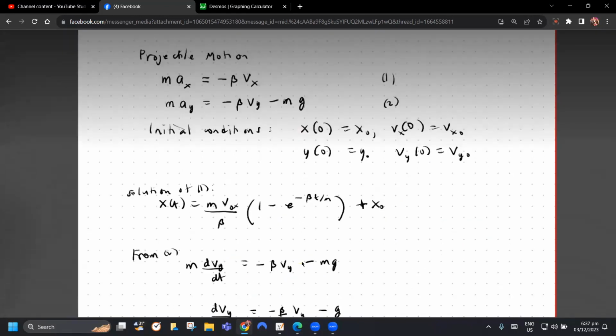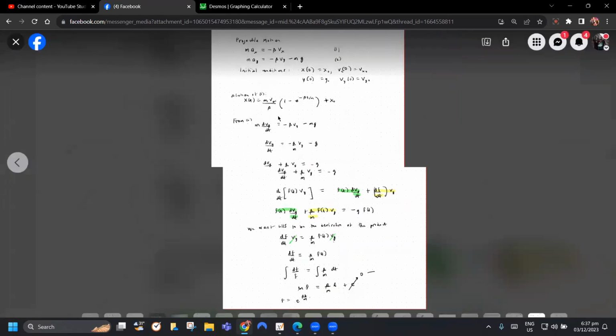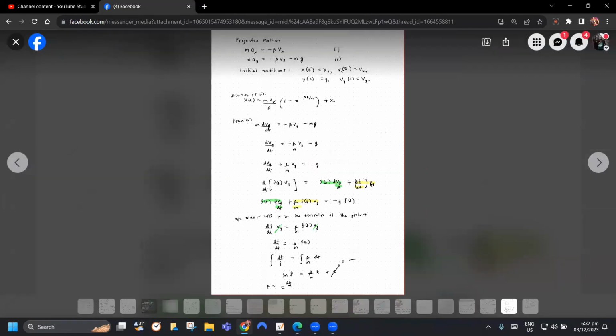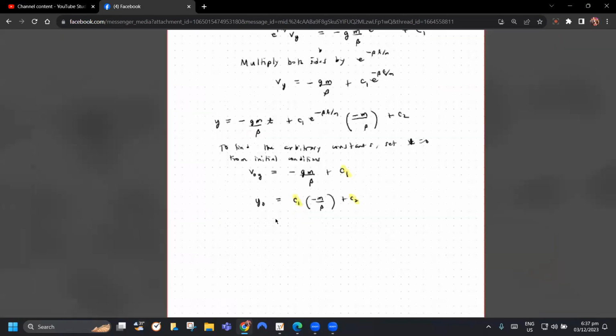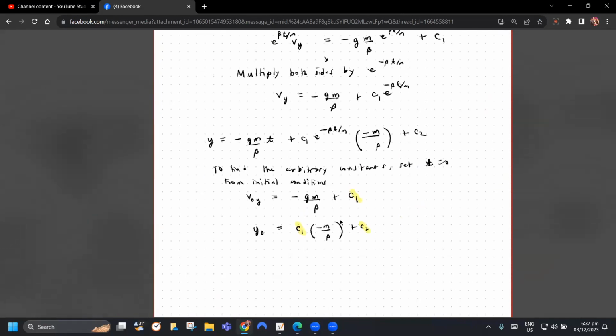Kasi slightly numerical, graphical problem ito, na i-evaluate mo yung trajectory para ma-compare mo sa no drag by changing the parameter beta over m.